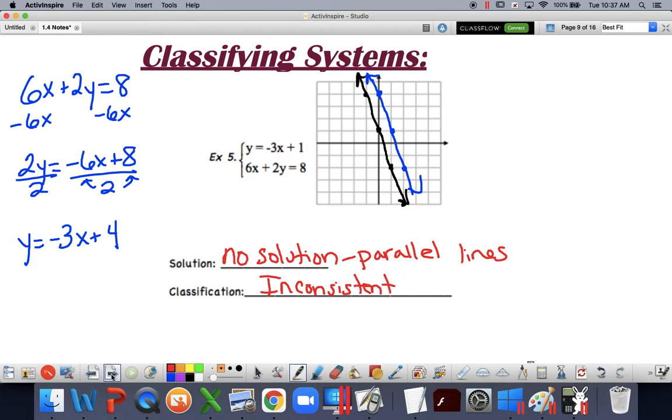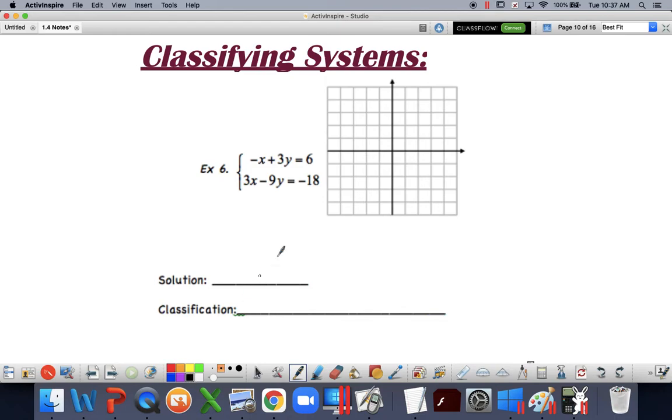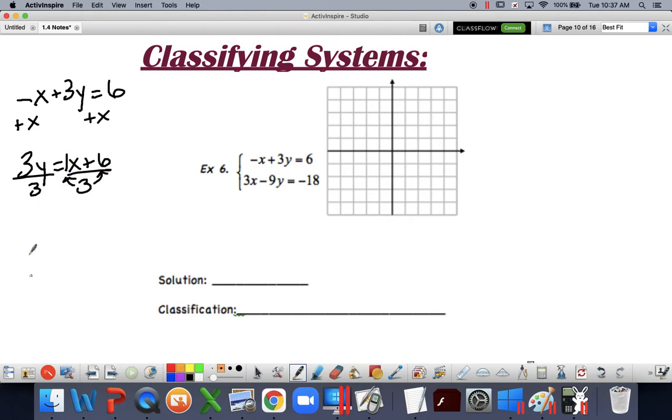Let's try another one. I'm going to go ahead and graph these. Now, I would love it if they're in y equals mx plus b. They are not, but let's go ahead and convert them. Again, some good algebra practice here. I'm going to add x. I must divide both of these, and remember there's a 1x there.